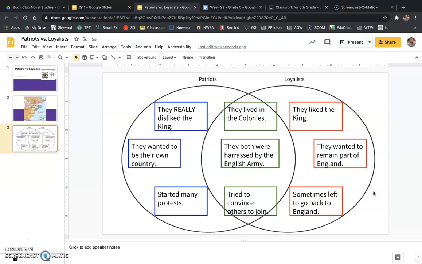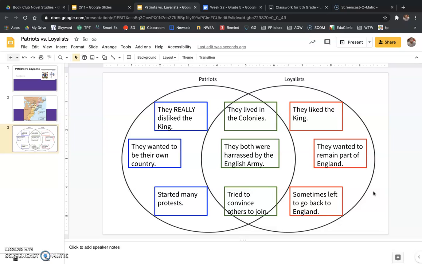I'm somebody who lives in Boston, Massachusetts, and I really dislike that king. He is the worst. He is so terrible. He is so mean. He does not care about my family. He does not care about the colonies. I am going to go see if I can get my neighbors to agree with me and maybe join some protests with me. Okay.